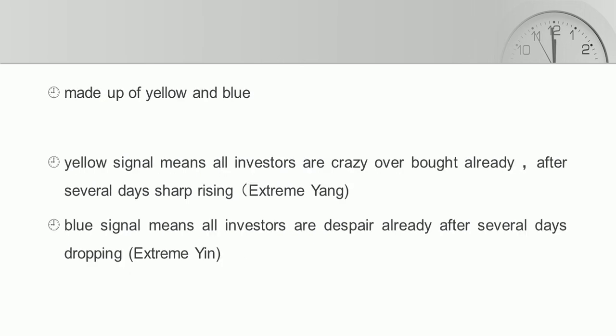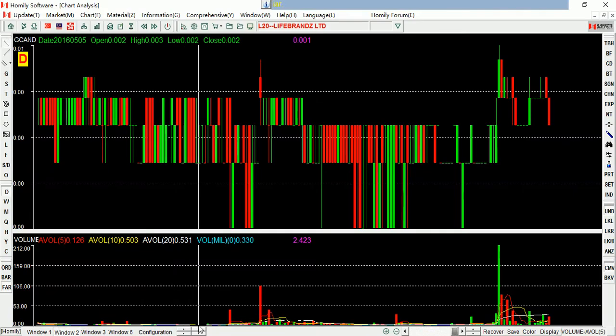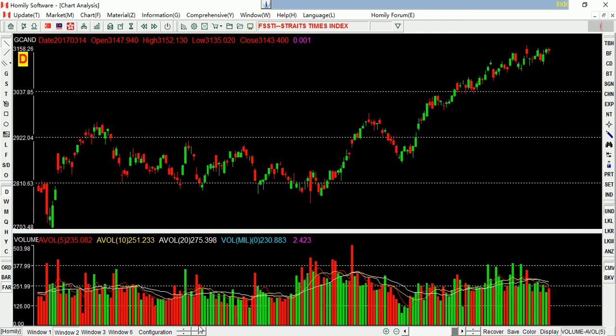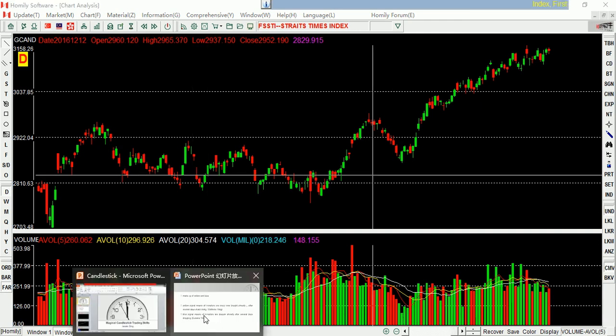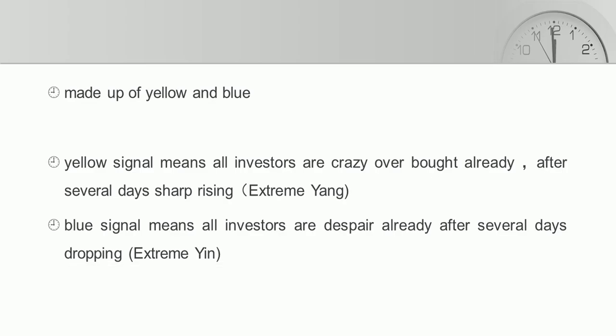TaiChi signal made up of yellow and blue candlestick. So I show you what is the TaiChi. Made up of yellow and blue candlestick. Okay. So the yellow signal means all investors are crazy, overbought already after several days sharply rising.